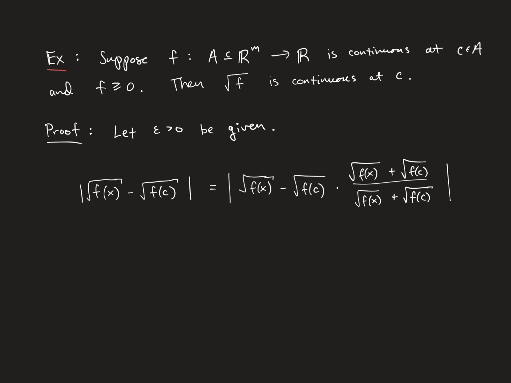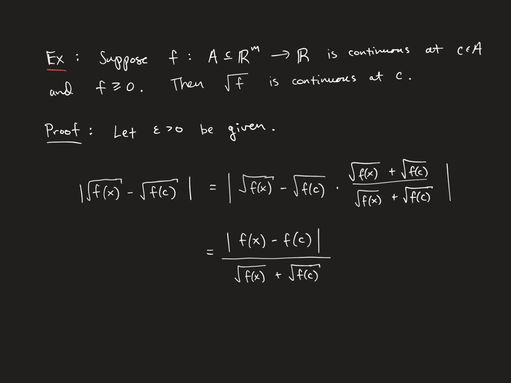And once we have a difference times the corresponding sum, that's just a difference of squares. So this is going to be the absolute value of f of x minus f of c, divided by the square root of f of x plus the square root of f of c. I don't need the absolute value in the denominator because each of those quantities is non-negative.